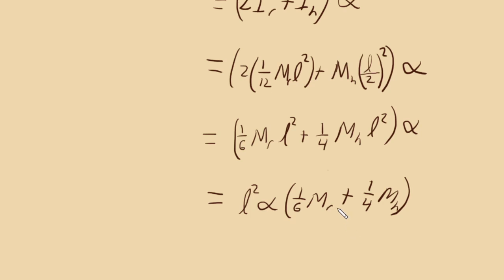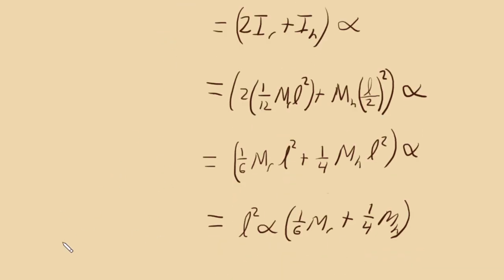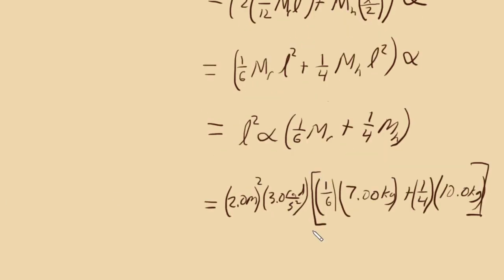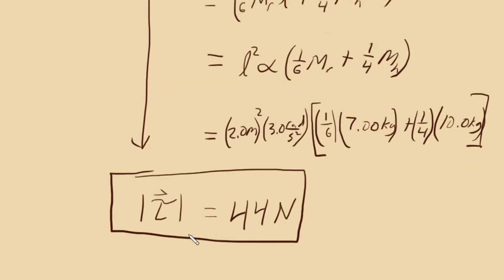Simplified a little more, just pulled out the L squared, and we're left with L squared alpha times 1/6 the mass of the rod plus 1/4 the mass of the hoop. These are all values that we were given initially, so since this is equal to the magnitude of torque, we should be able to just plug in our known values. 2 meters squared times 3 radians per second squared, multiplied by 1/6 of 7 kilograms, plus 1/4 of 10 kilograms. And this gives us a magnitude of torque of 44 newtons.